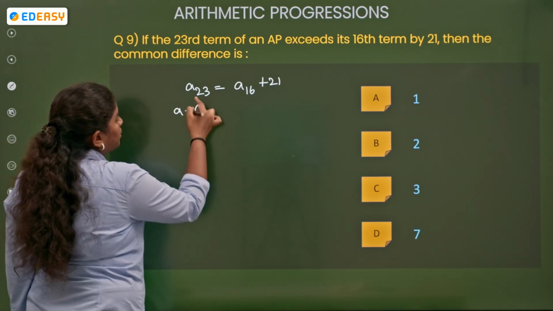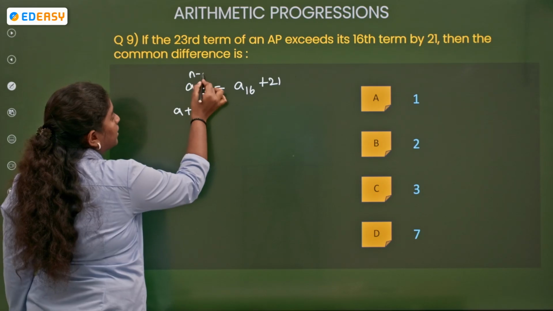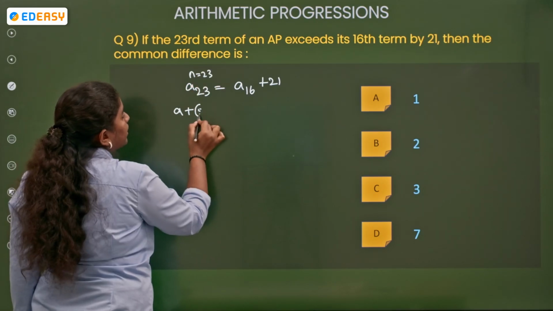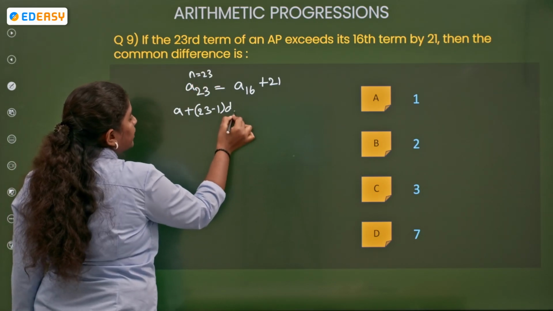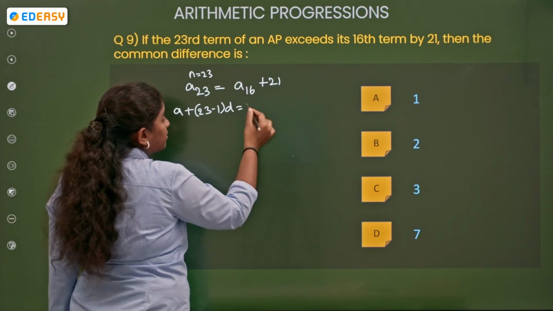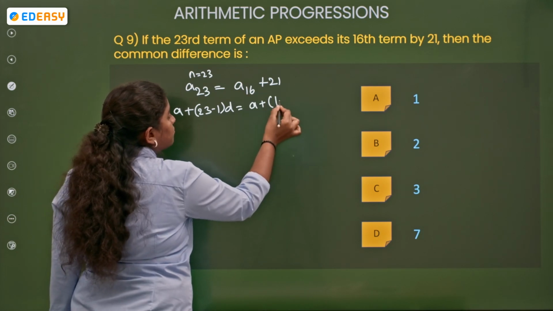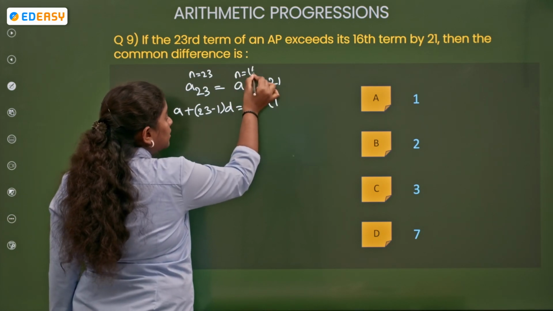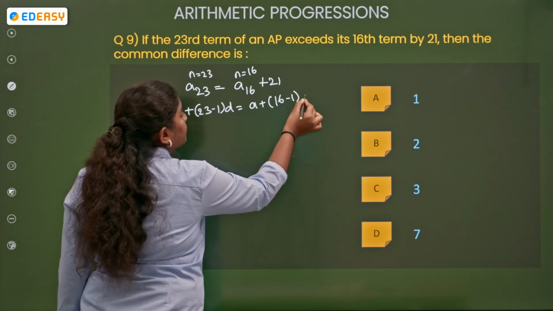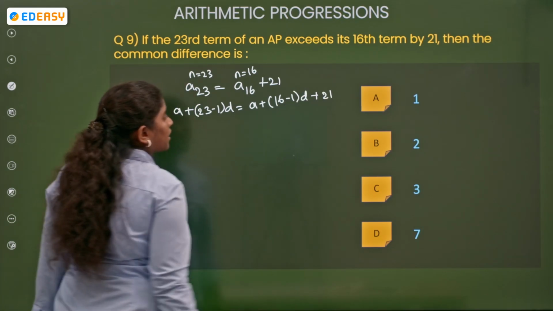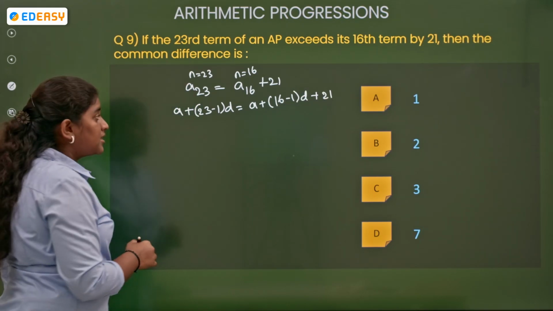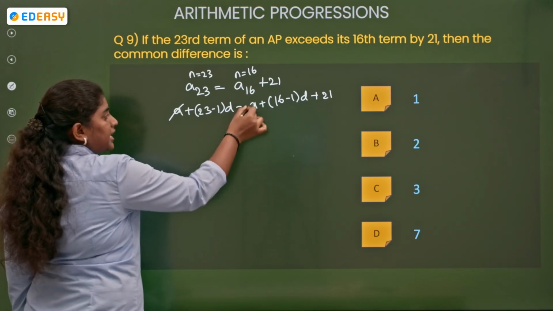So a plus, n becomes 23 here, so 23 minus 1 into d equals, for a16, a plus 16 minus 1 into d, plus 21. Now simplify this. a on both sides will get cancelled.